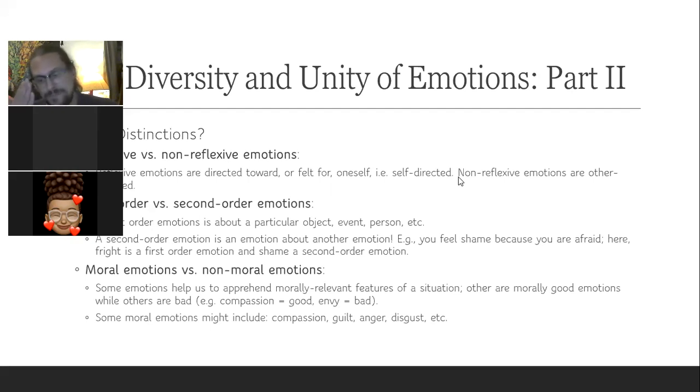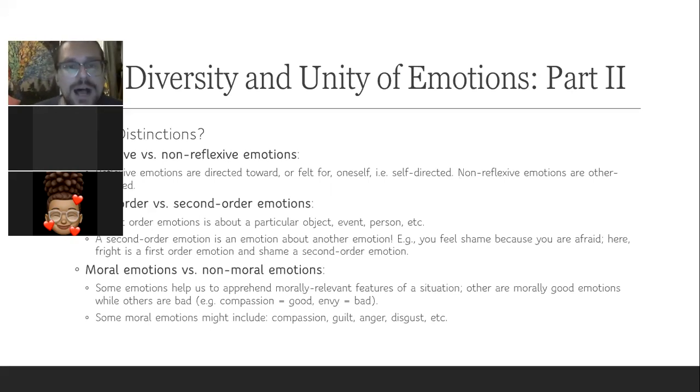Something could be reflexive because I feel it for myself, or it could be reflexive because I'm the object of my emotional reaction. Likewise for non-reflexive. So there are even further ways to carve this up that the authors don't really explore.